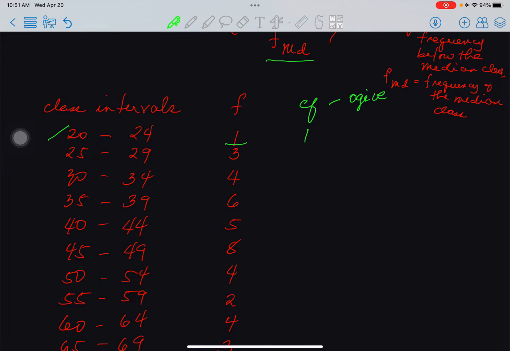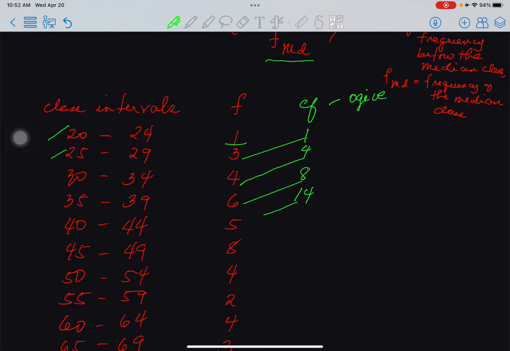After that, we add the next frequency so that we can have the cumulative frequency of 25 to 29 as the class interval. So we add 1 plus 3, which becomes 4. Then 4 plus 4 is 8. Then 8 plus 6 is 14.